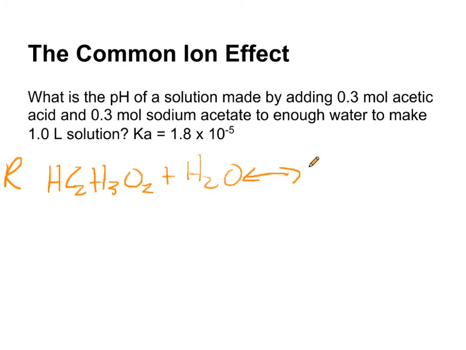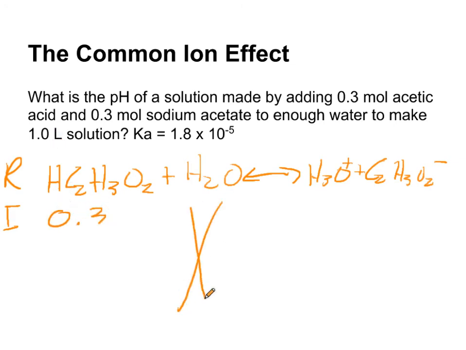And at equilibrium we'd have hydronium and the acetate ion, C2H3O2 minus. My initial concentrations, this is all in 1 liter, so we can just convert it to molarity. It's 0.3 molar acetic acid. Water doesn't do anything. There's no strong acid that this solution is made in, so we got a 0 here.